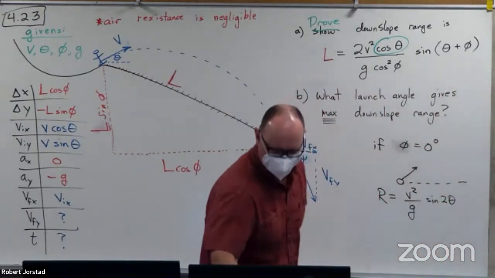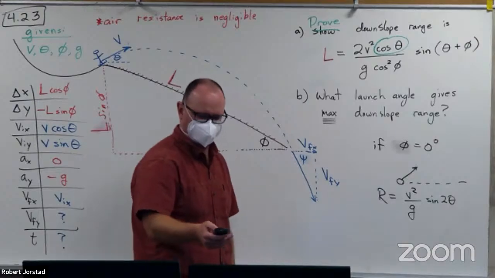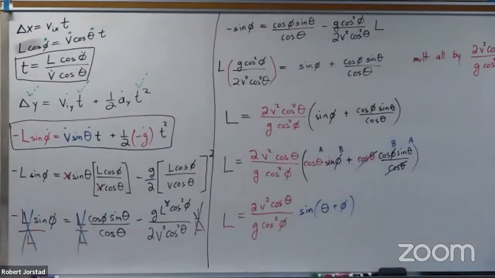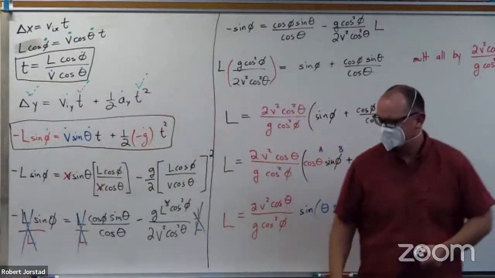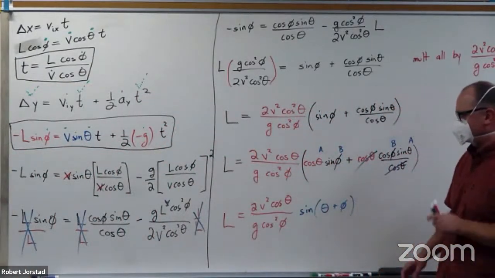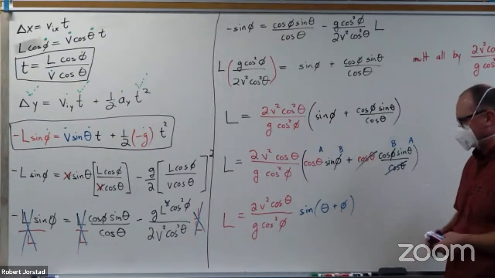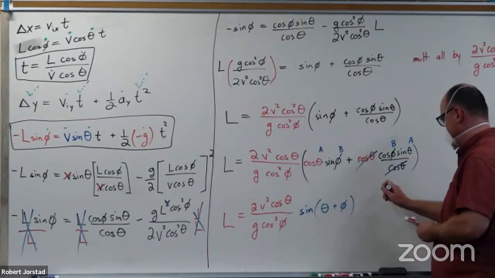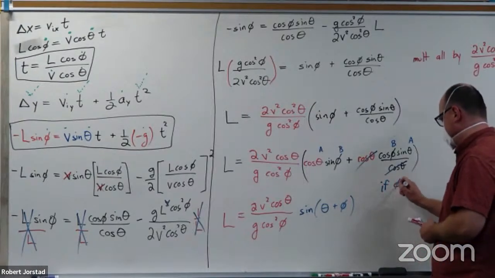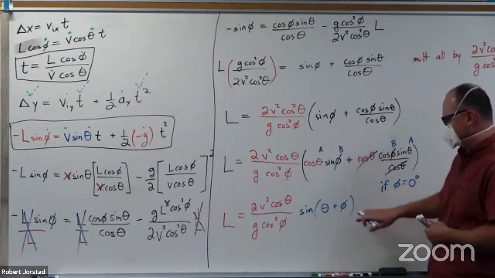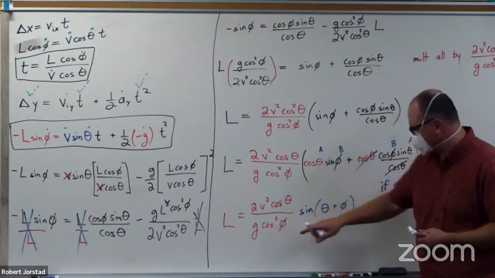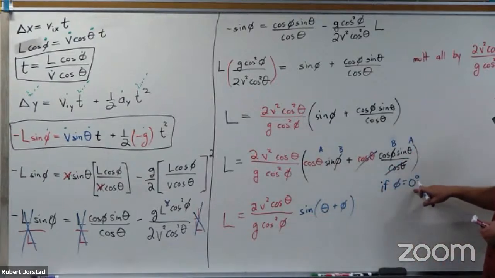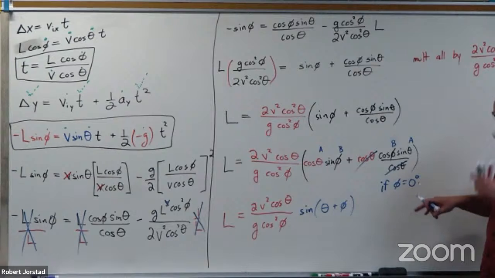Okay, so this is a way you could check it. I'm going to come over here and look. If we set phi equal to 0, what do you get? The phis all go away. What's cosine of phi? What's cosine of 0? 1. There's a chance where it's nice to know the unit circle, but not necessary.